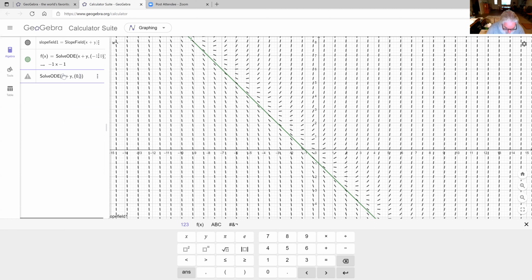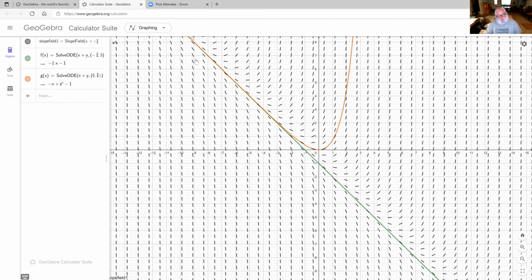So we'll put in 0, 0. And it looks like that, right? The orange curve here. And so as we go from the origin back in time, it becomes asymptotic to the green line, and in forward time it goes up like that.